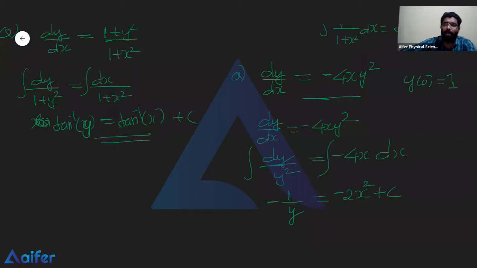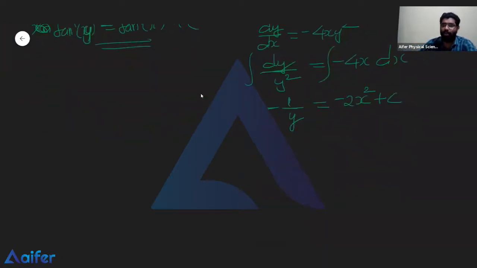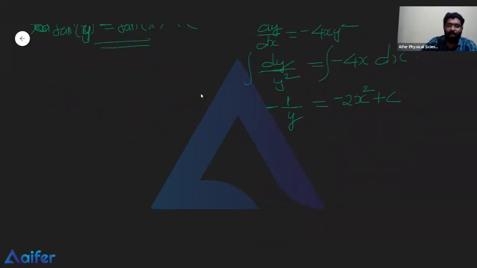Now, what is the meaning of that boundary condition, y of 0 equal to 1? It means y of x is equal to something, and as x is equal to 0, the value of y is 1. If you put x equal to 0, your y will be 1.